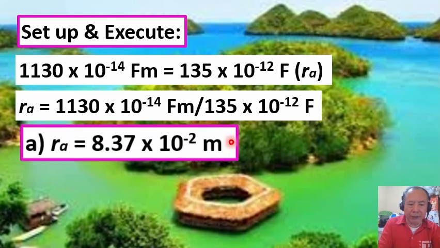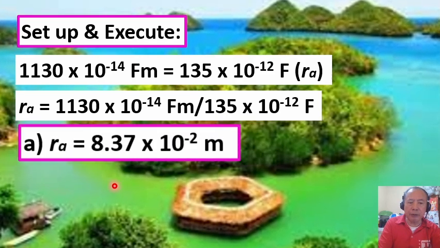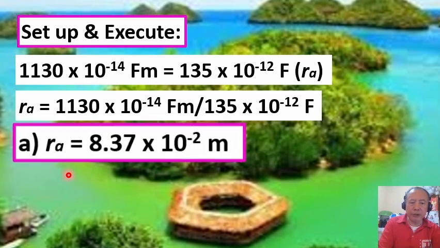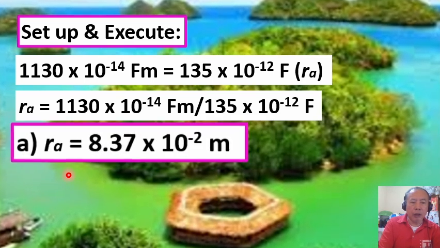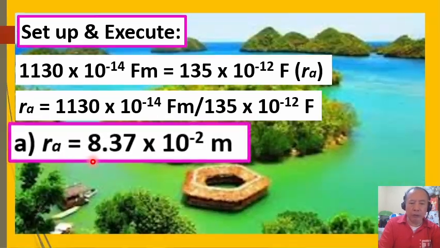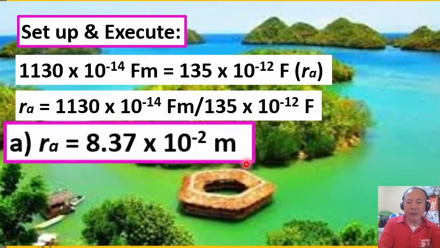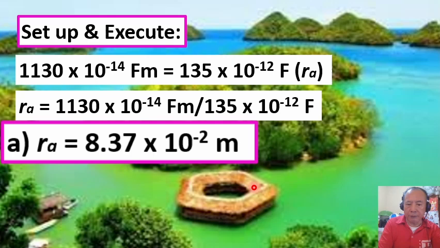So we eventually get the value of RA, or the outer radius of the inner shell, equal to 8.37 times 10 to the negative 2 meters in three significant figures.